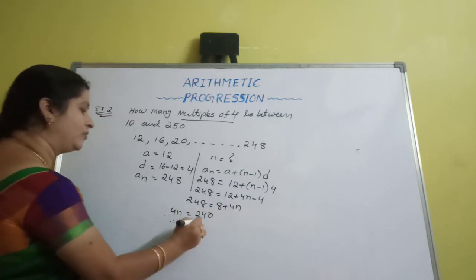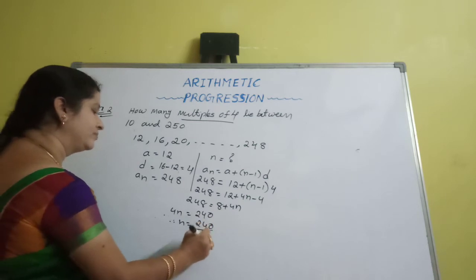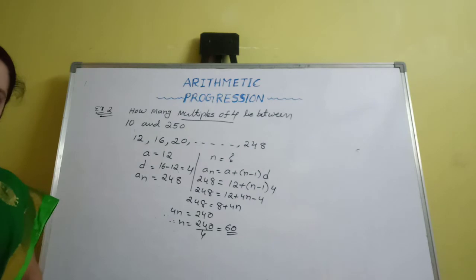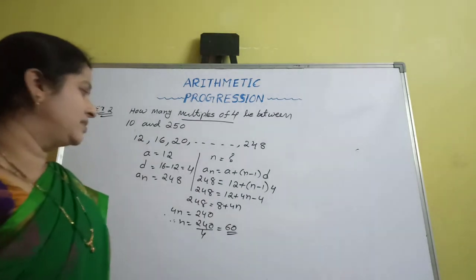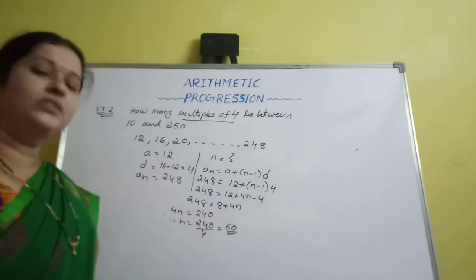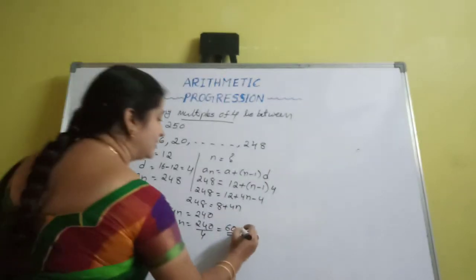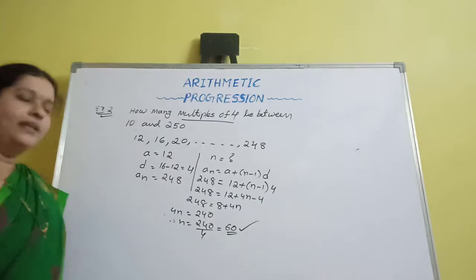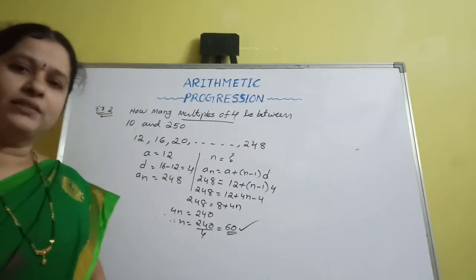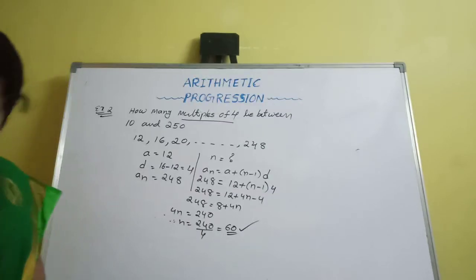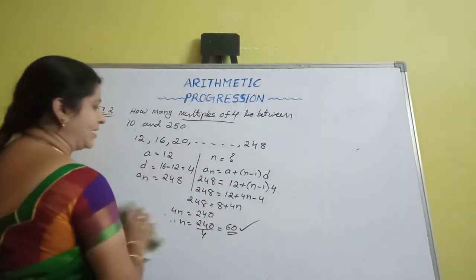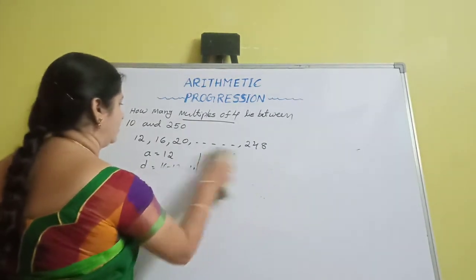Therefore n equal to 240 by 4, which is 60. So between 10 and 250 there are 60 multiples of 4. So it is very easy to solve any question by using this formula, nth term an equal to a plus n minus 1 into d.